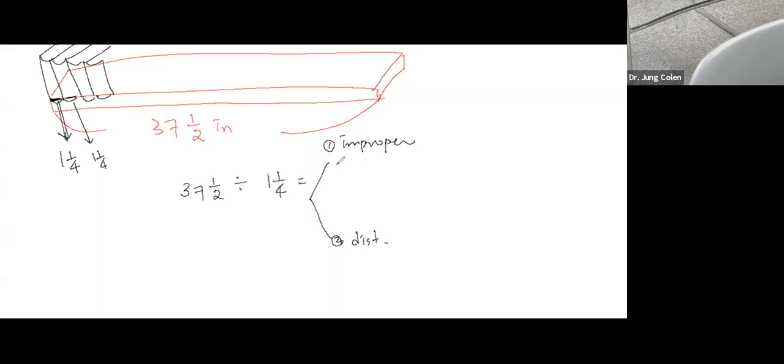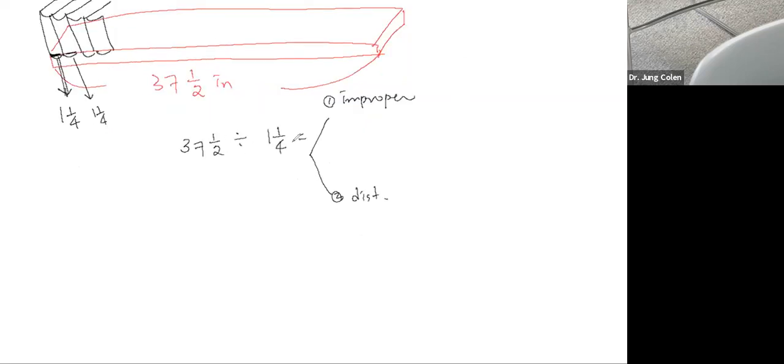Improper fraction. You're gonna change both of the numbers into improper fractions? Okay, awesome. Help me out. What's 37.5? 74 plus 1, so it is 75 over 2. Thank you. Divided by how many 4s? 4 times 1 plus 1 is 5.